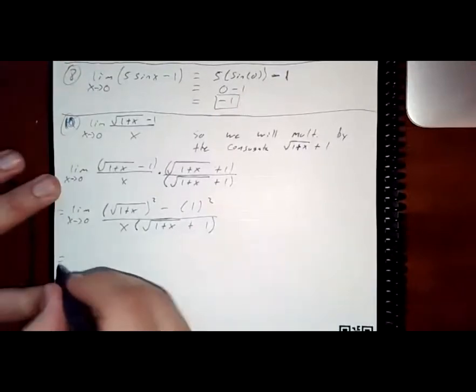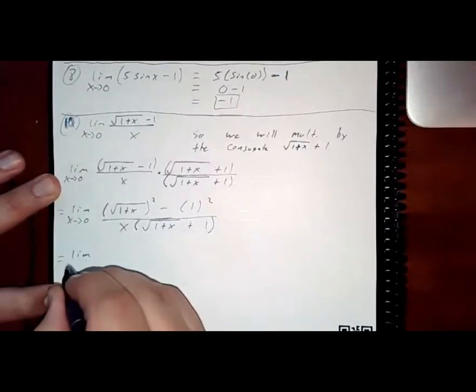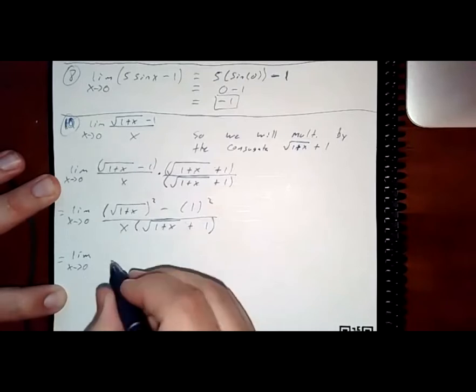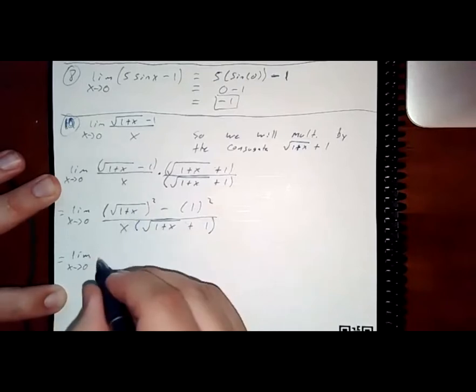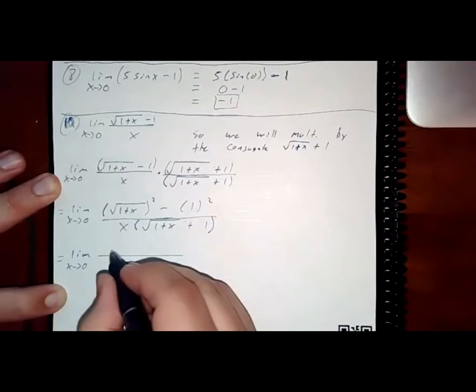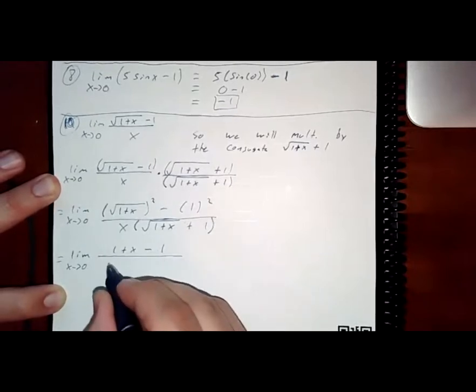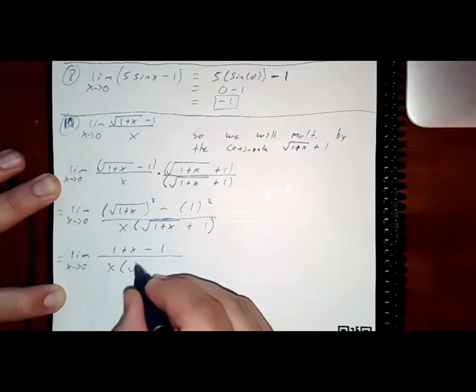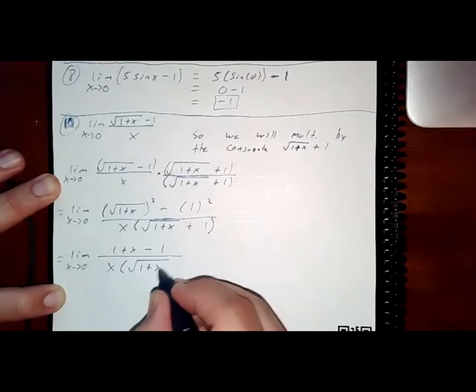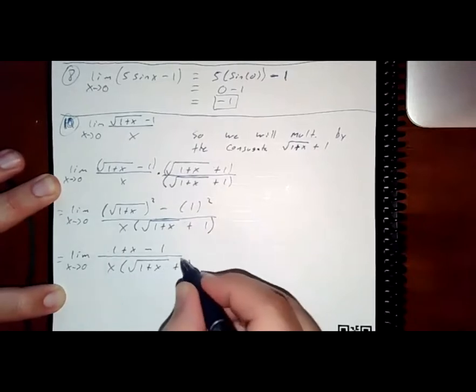Then we'll see if some nice algebra comes out. Squaring the radical gives us 1 plus x minus 1 over x times this nonsense.